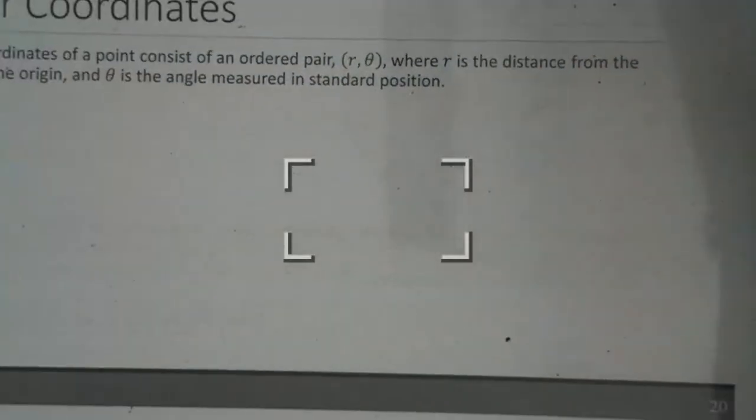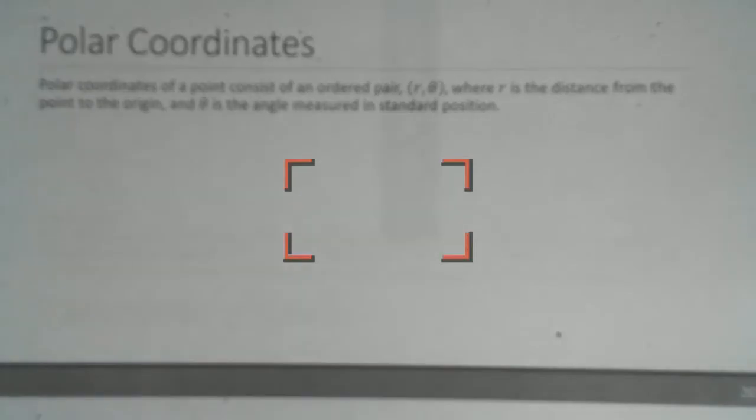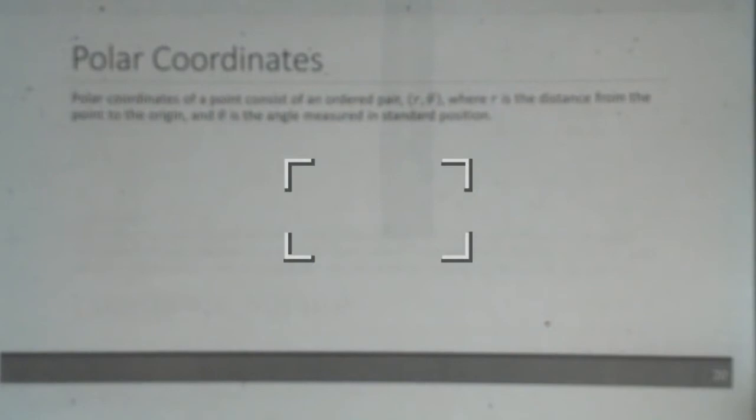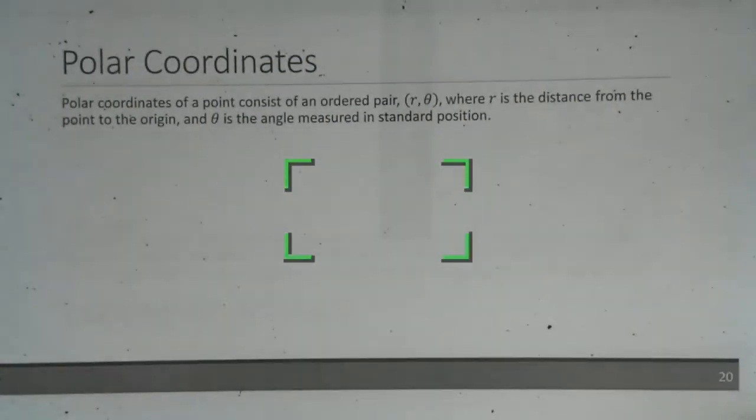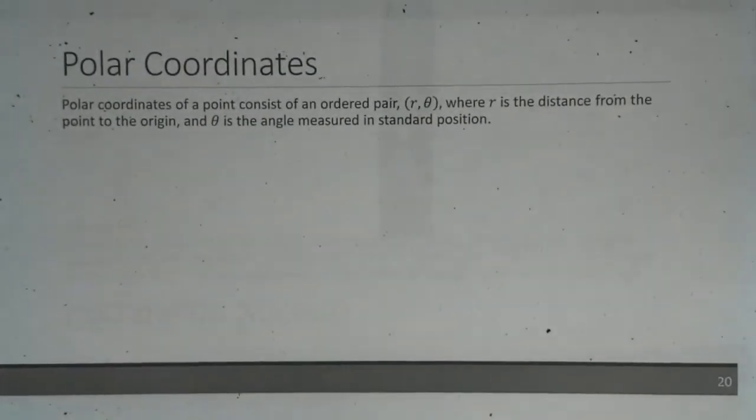Polar coordinates of a point are still an ordered pair, but instead of x, y, they are r, theta, where r is the distance from the point to the origin, and theta is the angle measured in standard position. That's the normal angle from the positive x-axis, how far around you have to go.